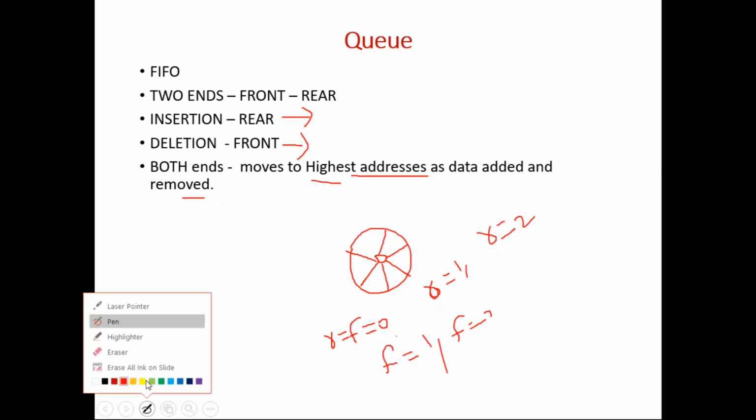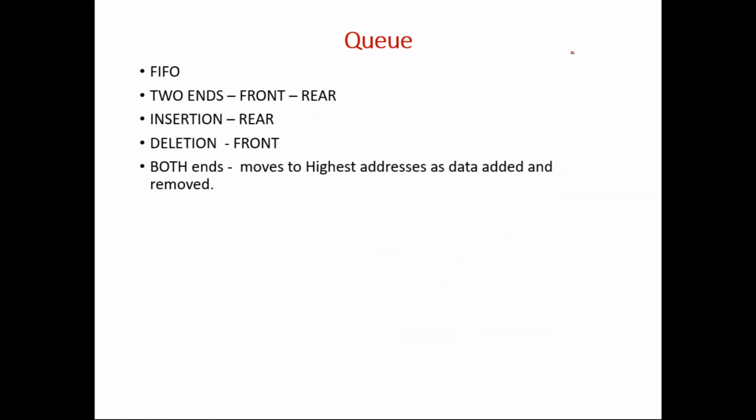In memory implementation also, it will be like that only. In memory, this is our starting address, and this is the highest address, 2 to the power k minus 1. If you implement our queue, it will grow from here to here.